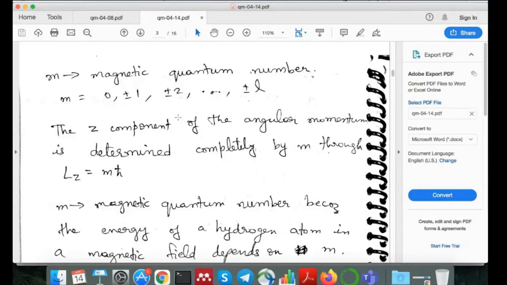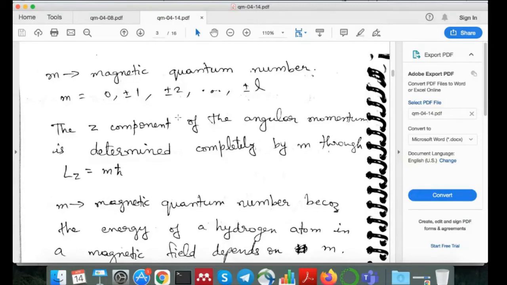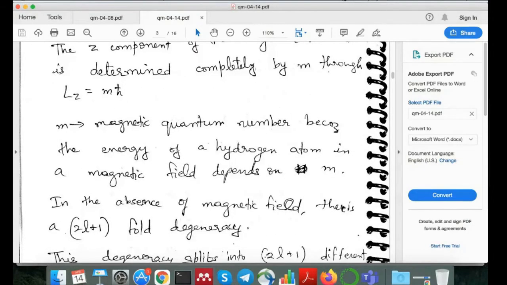If the hydrogen atom is not experiencing any magnetic field, all these three states are at the same energy level. But if the hydrogen atom experiences a magnetic field, these three states split and become non-degenerate. So the magnetic field changes the degeneracy of these M levels.